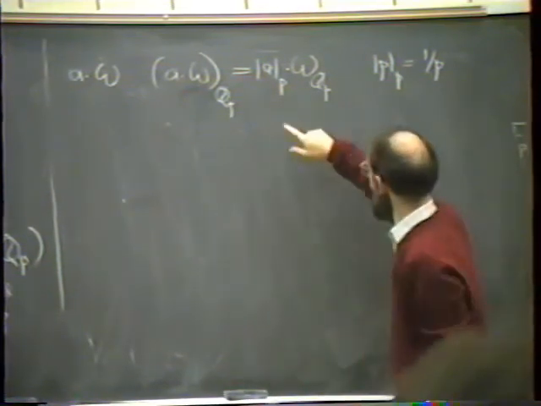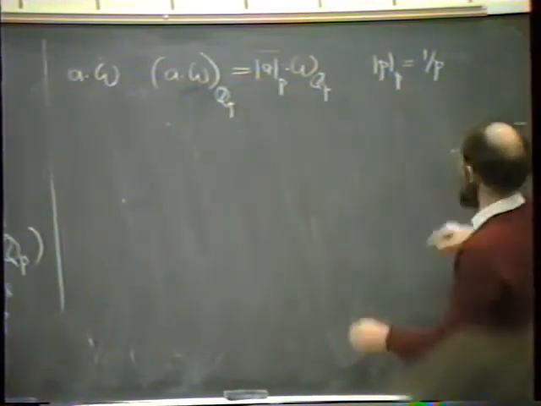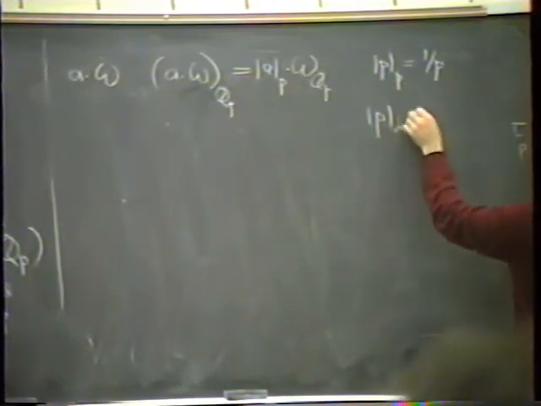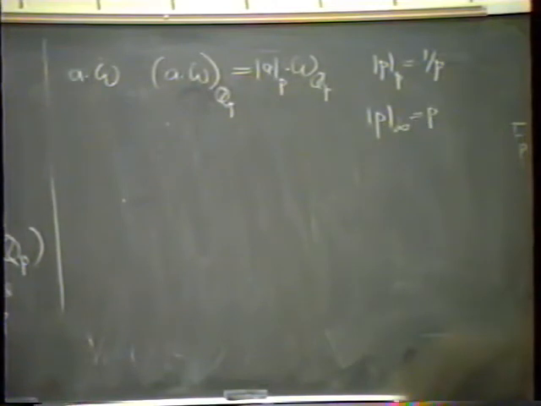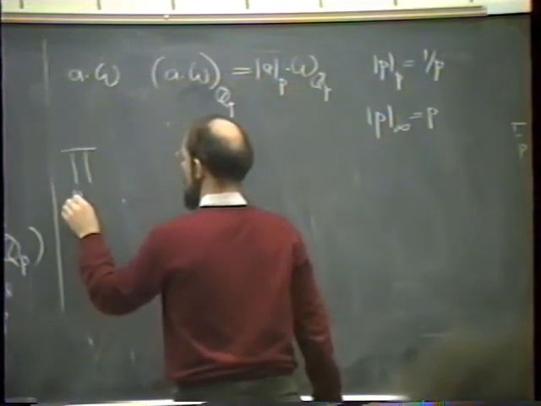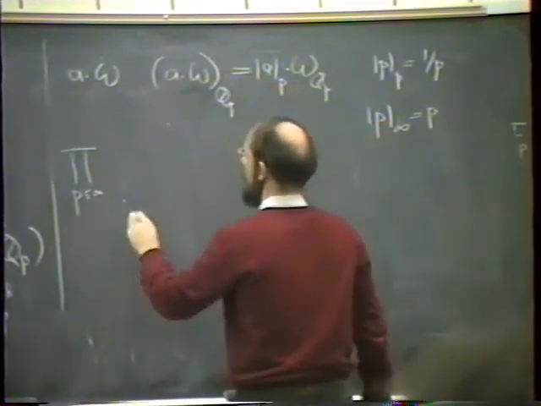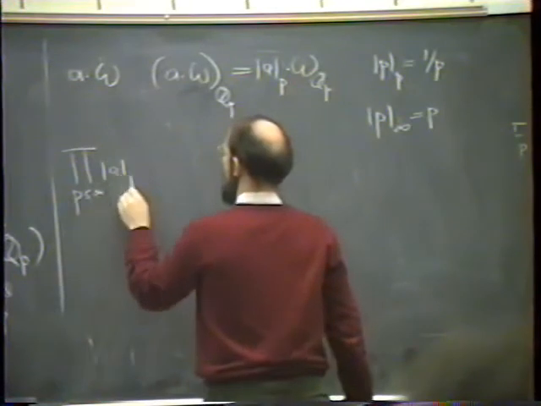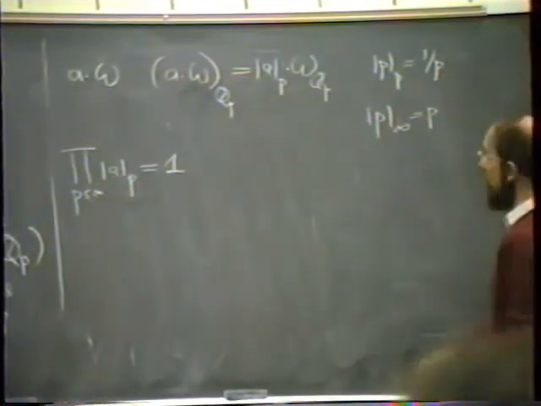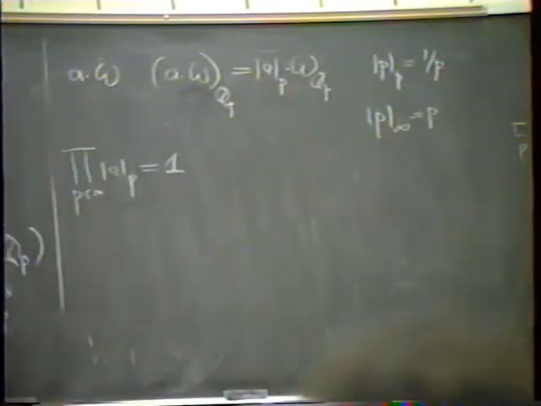So now the point is that with this in mind, and of course the absolute value at infinity is just the usual absolute value, we find that the product over all p less than or equal to infinity of the p-adic absolute value of a is 1, because a is some rational scalar.